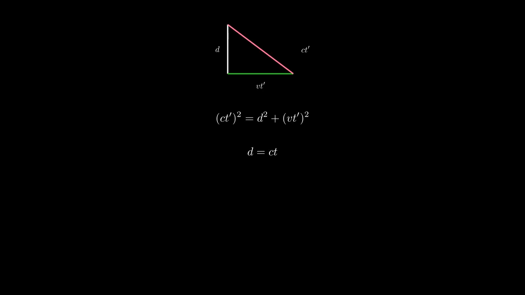For the stationary observer, the distance is simply c times t. Substituting, c squared t prime squared equals c squared t squared plus v squared t prime squared. Rearranging, c squared t prime squared minus v squared t prime squared equals c squared t squared.